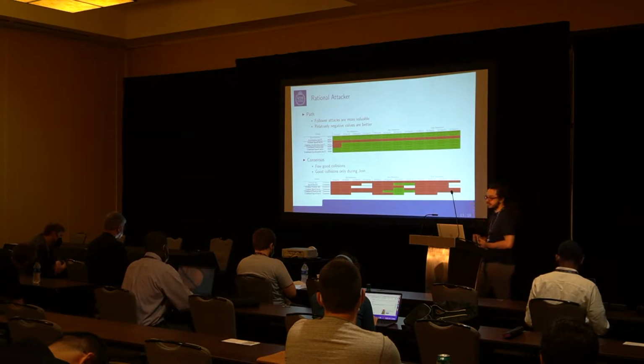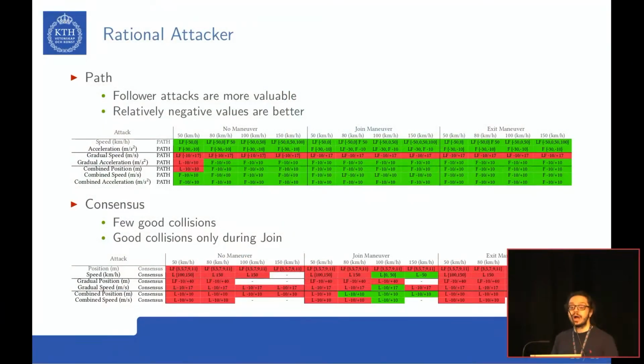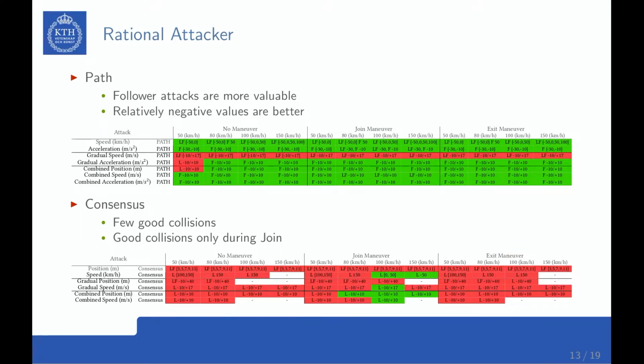For example, for the PATH controller in the upper half of the slide, we can see that all the green, or most of the green cells in the table, actually require a follower to perform the attack, meaning a leader is not always the best attacker in this case. And we can notice also that the attacks that produce the green values are relatively negative values for the PATH controller.